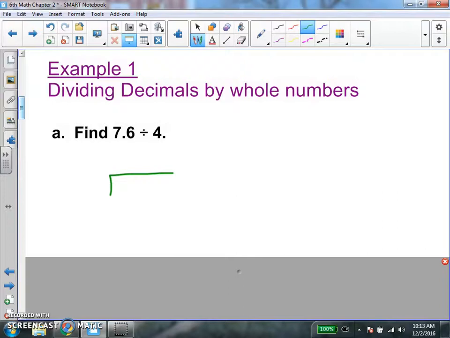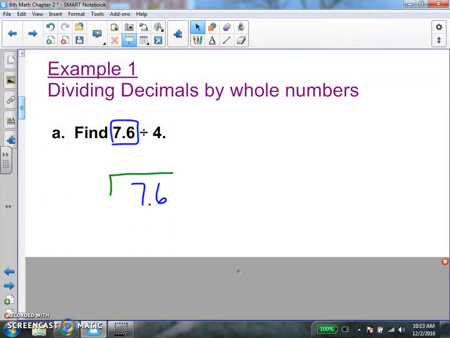The very first number that's listed, 7.6, goes on the inside of your long division sign. And the last number, divided by 4, goes on the outside. So we have 7.6 divided by 4.